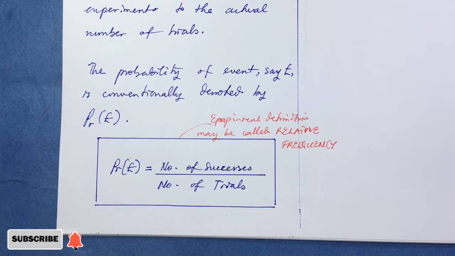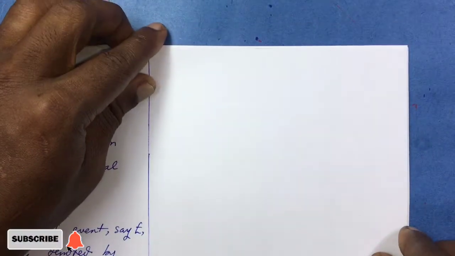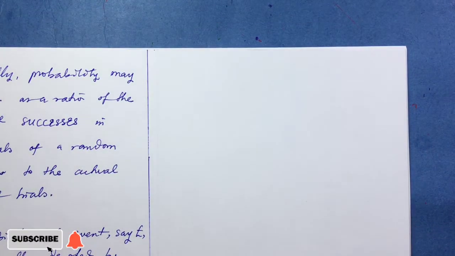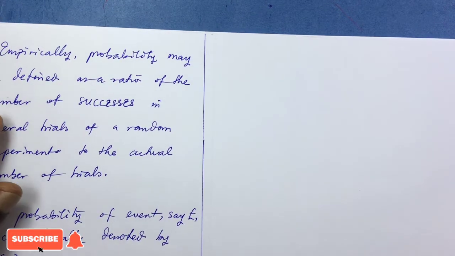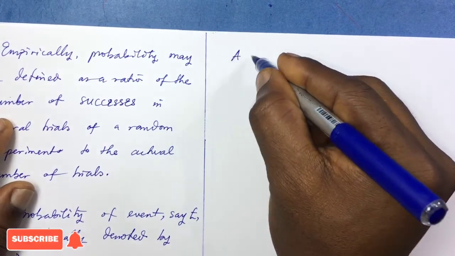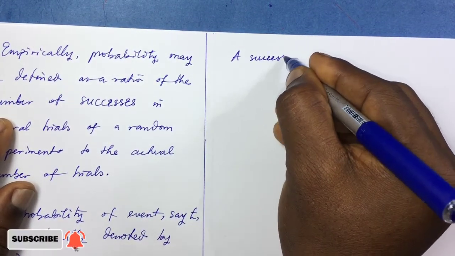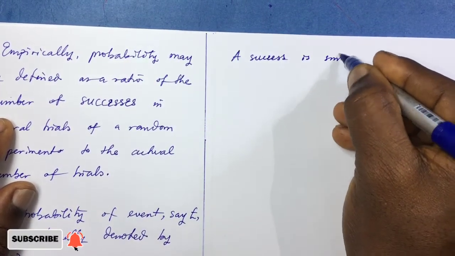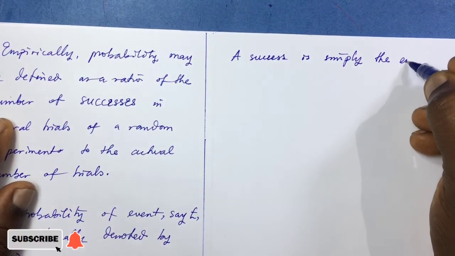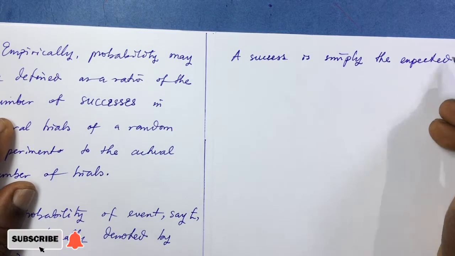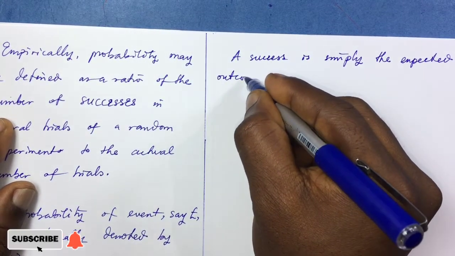Now take note of one thing. I must explain what successes mean. You've heard me use the word successes. So what does success mean in probability? A success is simply the expected outcome.